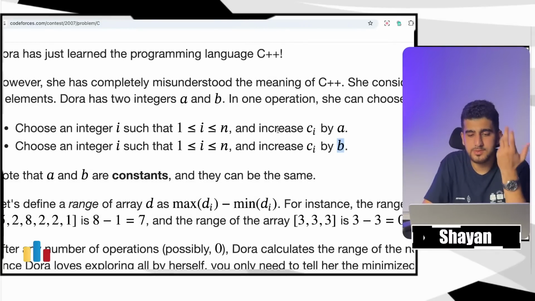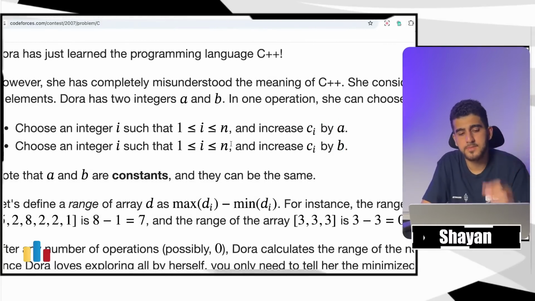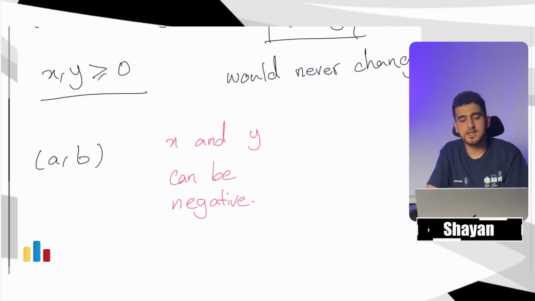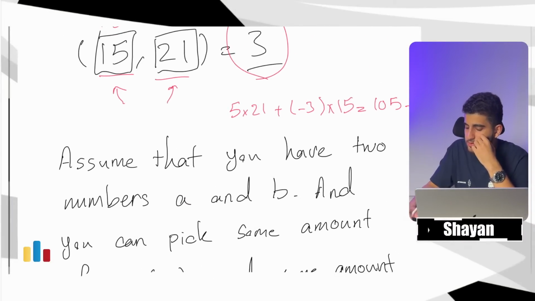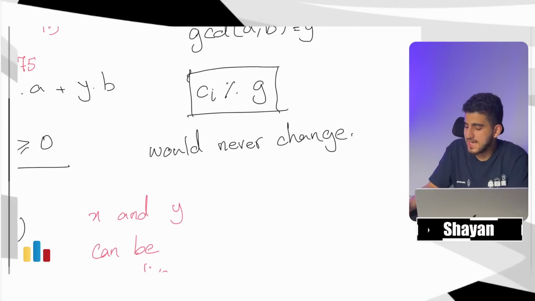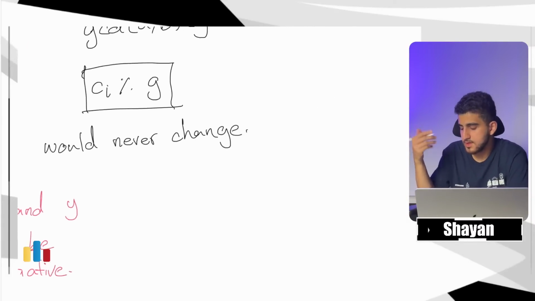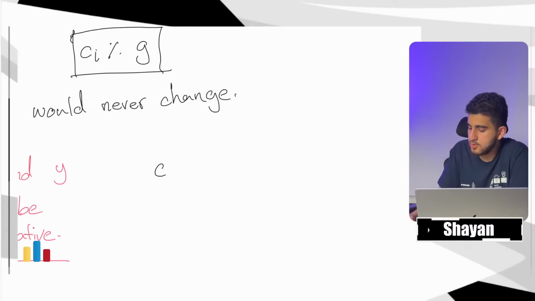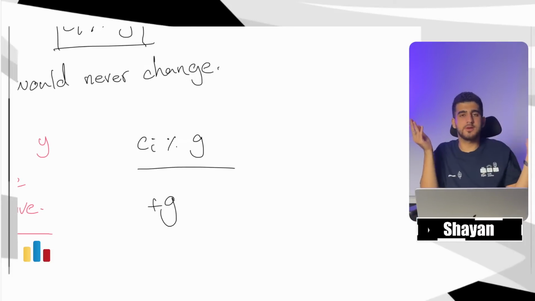Assume that X and Y can be negative. What does it mean? It means that you can subtract by A or subtract by B as well. Then based on this Bezout theorem, but with A's and B's, you can make every multiple of G. So for each CI, you know that CI modulo G remains the same, but you can add or subtract G as you want.